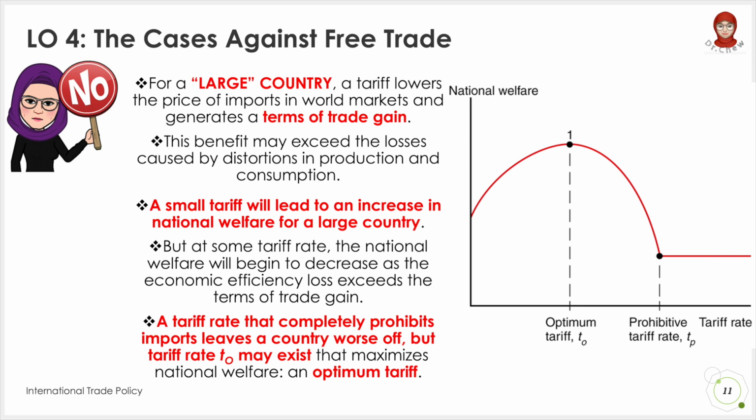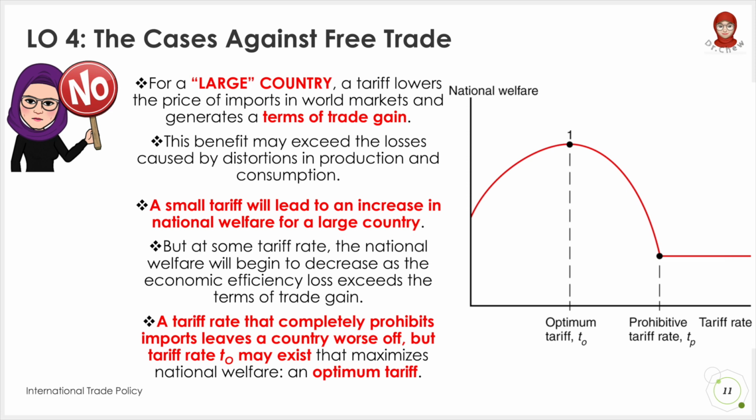Further increases in the tariff rate beyond TP have no effect, so the curve flattens out. At point 1 on the curve, corresponding to the tariff rate TO, national welfare is maximized. The tariff rate TO that maximizes national welfare is the optimum tariff.